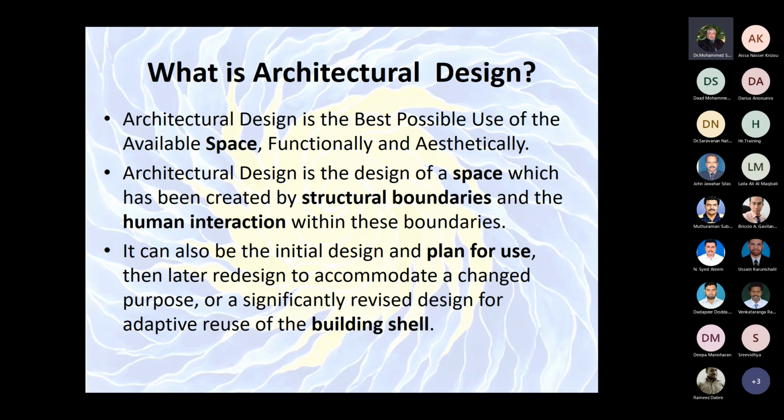So we have the human needs and the structural boundaries. It can also be the initial design and plan for use, then later redesigned to accommodate a changed purpose, or a significantly revised design for adaptive use of the building shell.